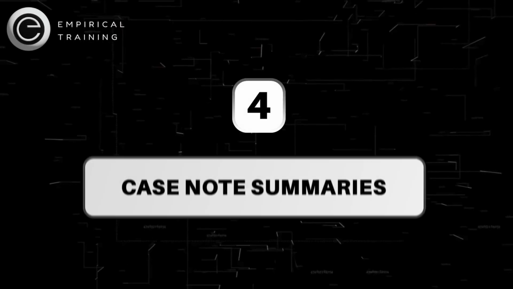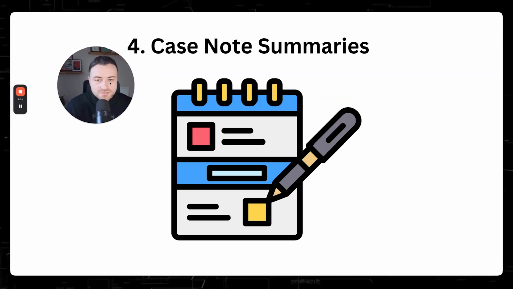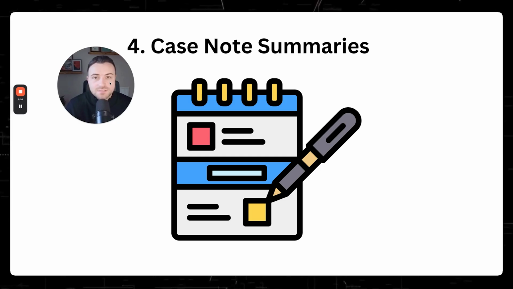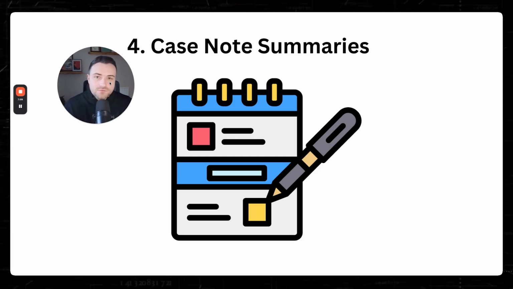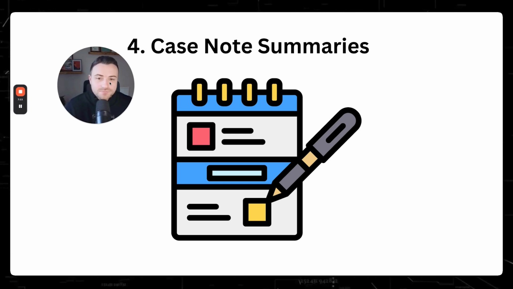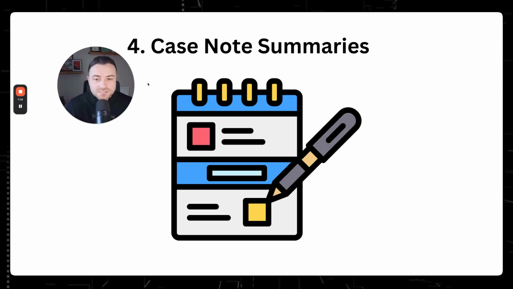Point 4 then is case note summaries. This does sound quite basic, but it's actually very, very helpful. When you're writing your notes about a particular alert that you're analyzing, what I will always do is write out everything that I've currently gone through. That used to be something that I would often summarize myself, but now I can simply chuck my notes into an AI-based tool like ChatGPT, and it'll provide a clear summary for me.